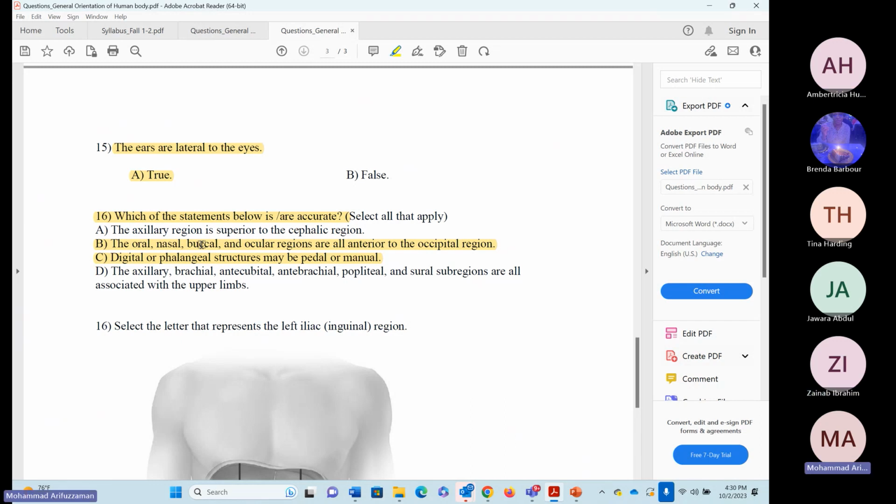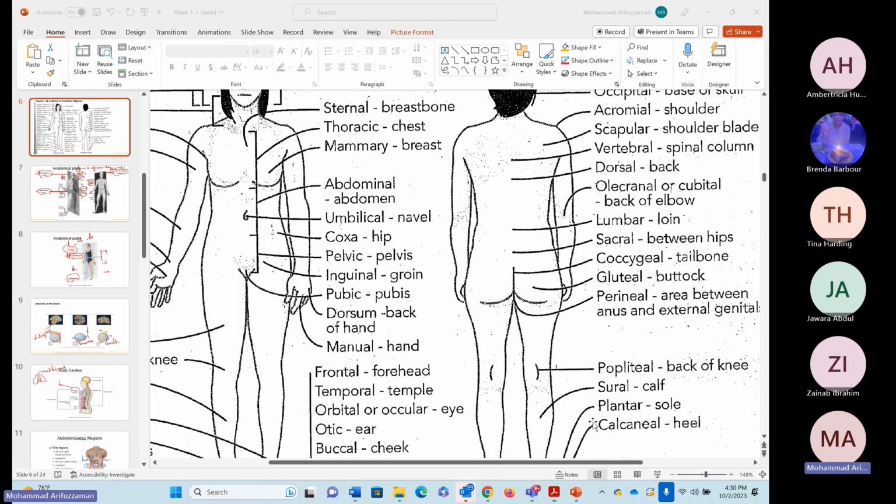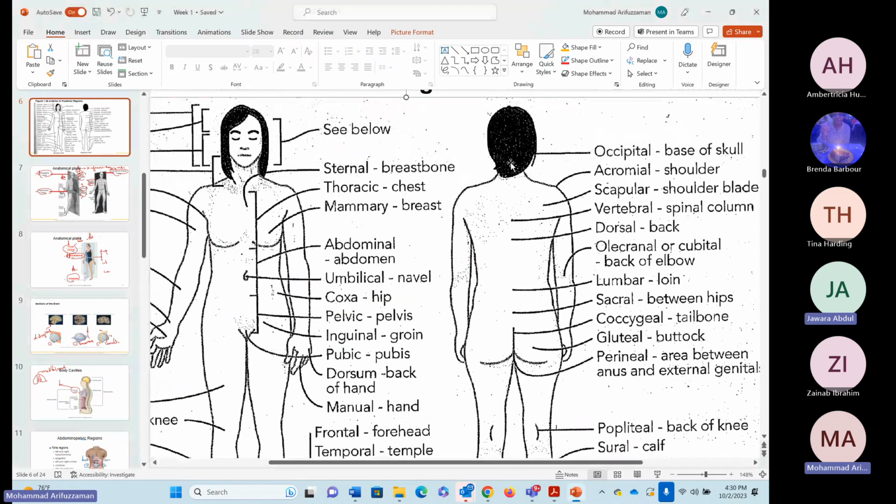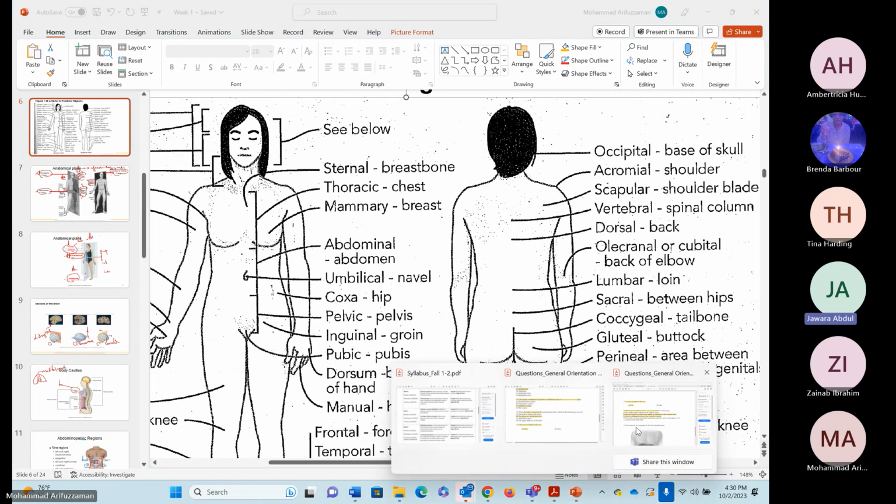Ocular means the eye. The occipital is posterior. So these structures are all anterior to the occipital. Is it clear now?